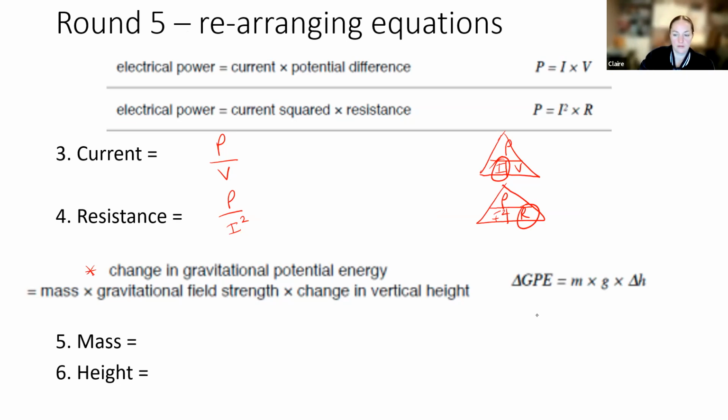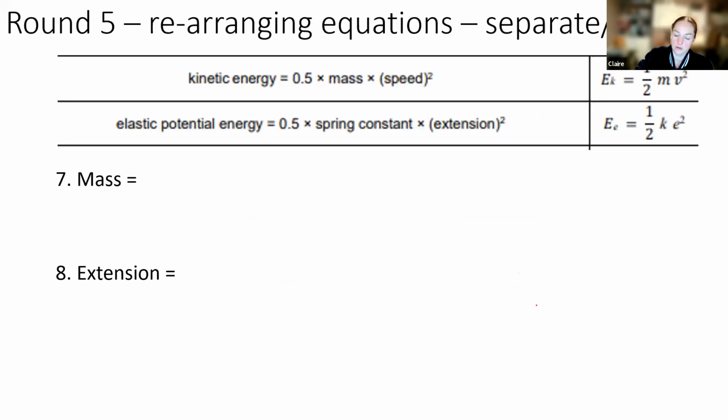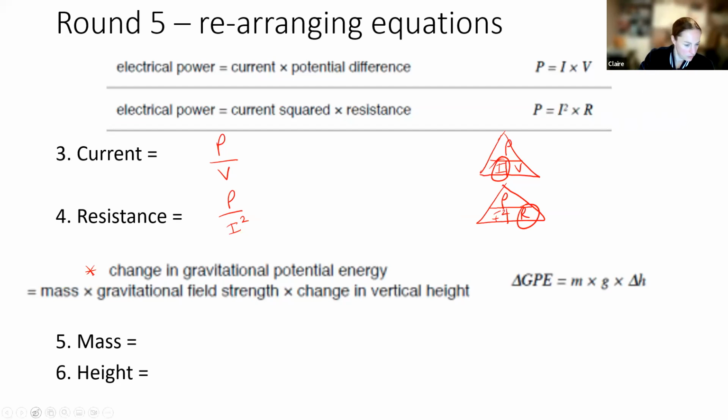For this one, I'm not doing well with this today, am I? I'll make it just a little bit bigger. When you've got 3 at the bottom, when you've got this equation to do, the only thing that changes is you've got 3 things at the bottom. Okay, these are still times, that is still divide. So this is your GPE.